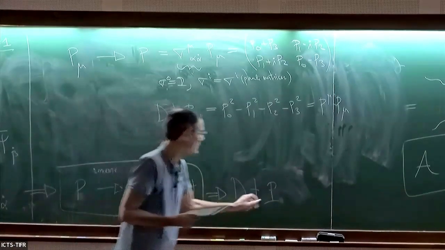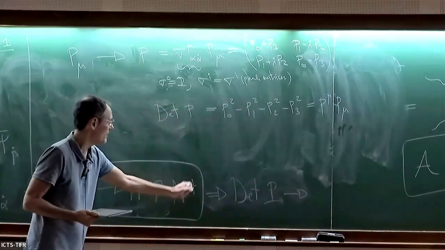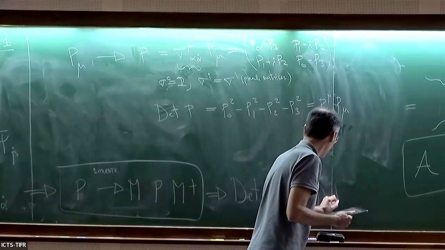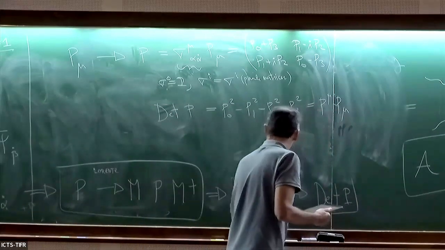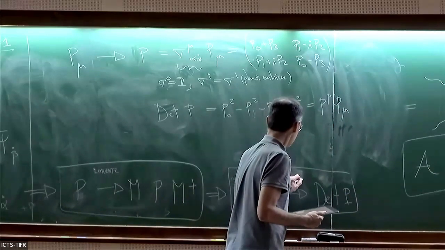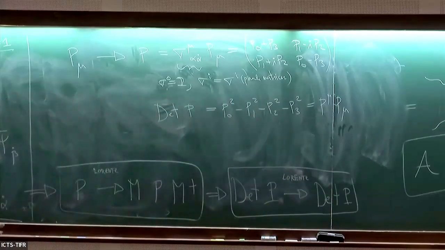So determinant of P goes to 1 times determinant of P times determinant of M dagger, which is 1. So under Lorentz the determinant does not change.